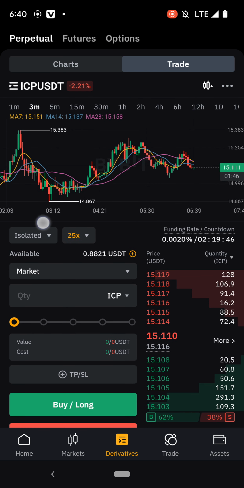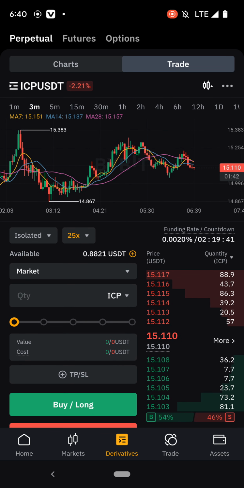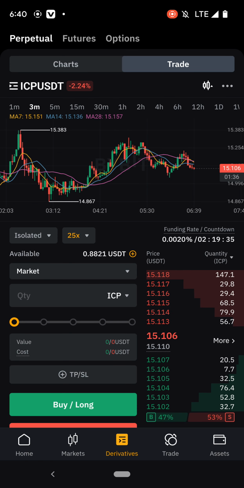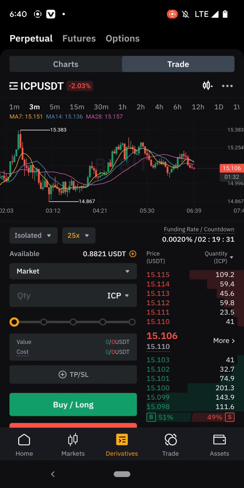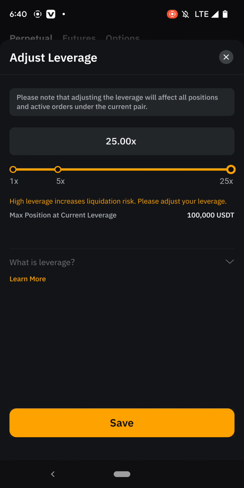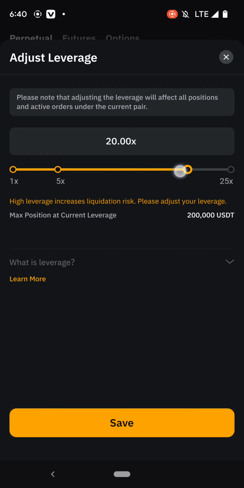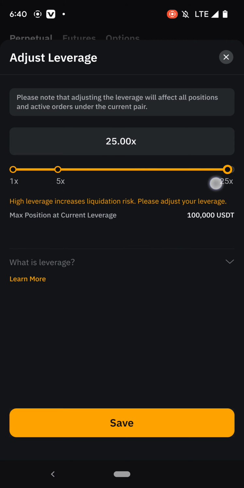And what do I need to do next? The next is to arrange my leverage. Remember, I said we should always use isolated, so make sure it is on isolated. Once it is on isolated, the next thing, adjust your leverage. This is the leverage point where you have 25x. If they don't give you any leverage, you can decide to use a leverage of your choice, and when you click there, you can adjust it just by dragging this slider to the right-hand side.